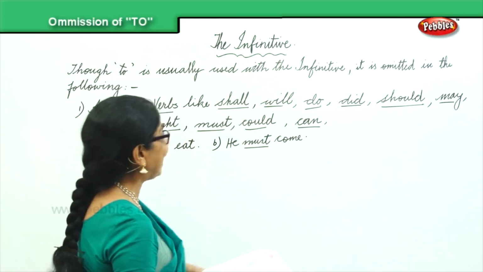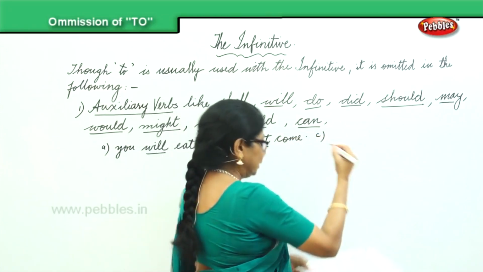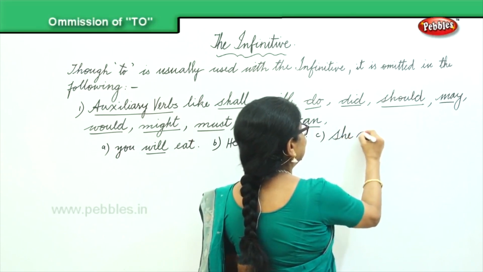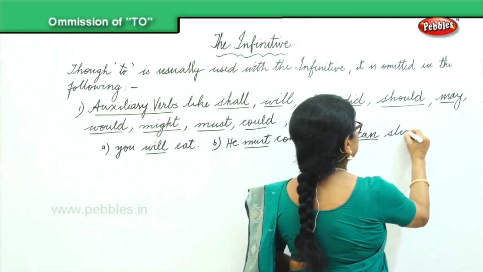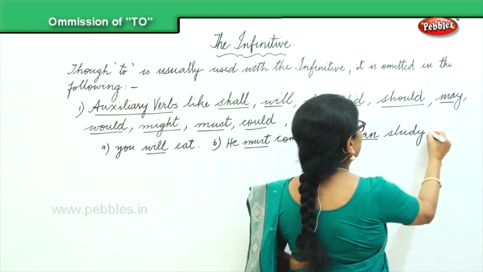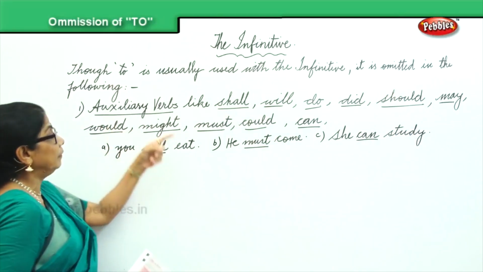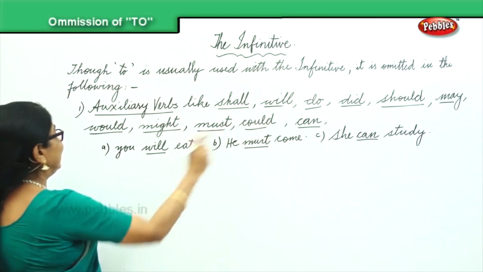Another sentence, can. Then we'll say, she can study, or he can study. It is omitted in the auxiliary verb. Okay, we'll do some more. You have the may.